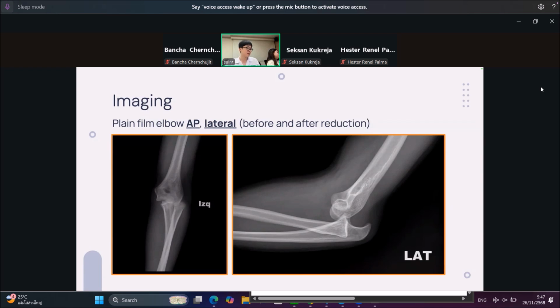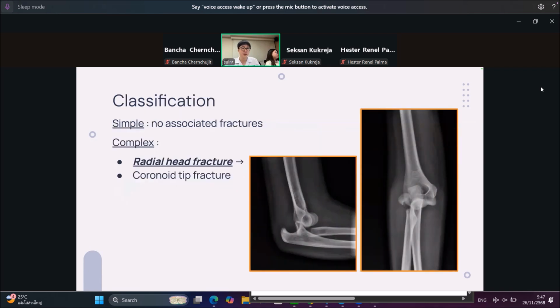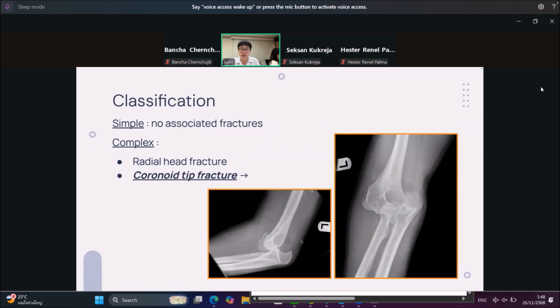Next. So the plain film is used to confirm the dislocation and also detect associated fractures, which are important for deciding the appropriate management for the patient. So elbow dislocations are classified into simple and complex dislocations. Simple dislocations have no associated fractures, whereas complex dislocations have associated fractures, such as radial head fracture, which you can see in the AP and lateral views for this picture, and coronoid tip fracture.